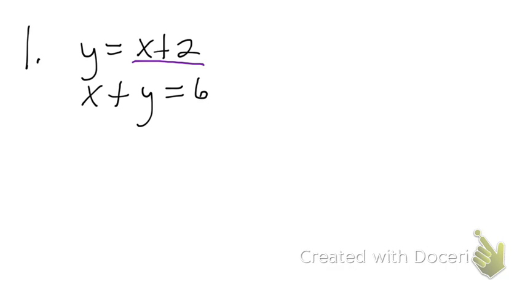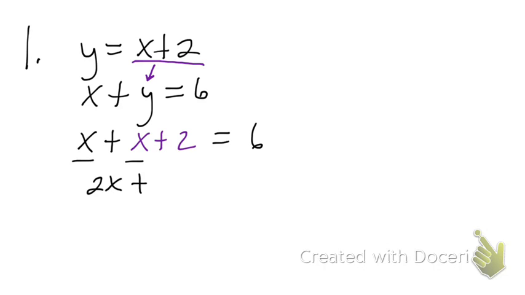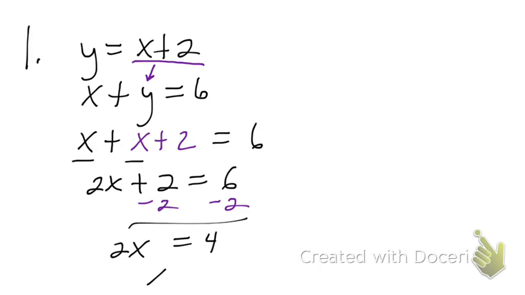In fact, if y is equal to x plus 2, then we can substitute x plus 2 anytime we see a y. So if you look in the other equation, we can substitute x plus 2 for y there. And so that's what we're going to do. We're replacing y with x plus 2. We can now solve this equation for x, and we get x equals 2 when we do that.